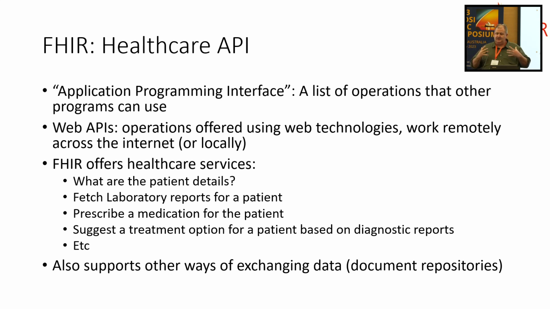So basically a web API with a lot of operations that map through to real world operations with defined content, which is where we come to the relationship between FHIR and OMOP, because defined common data model, right? So that's what we do.